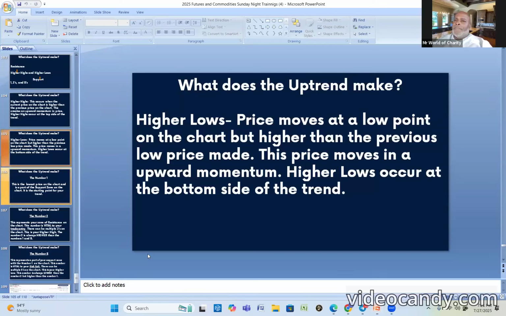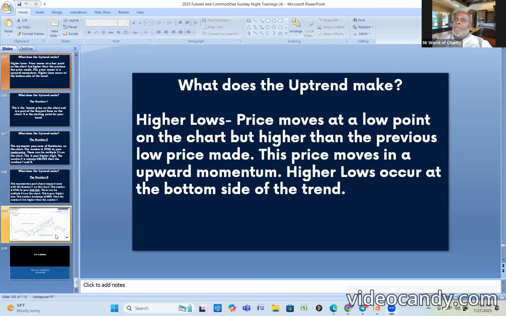All right. The price moves in an upward momentum. Higher lows occur at the bottom side of the trend. Read that again. Higher lows occur at the bottom side of the trend. And remember the higher highs, they occur at the top side of the trend.